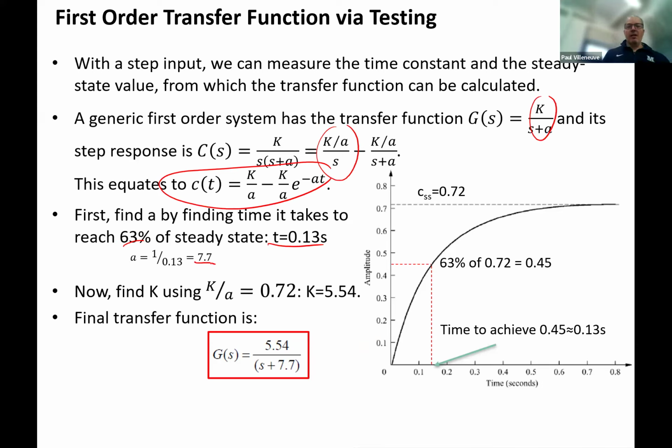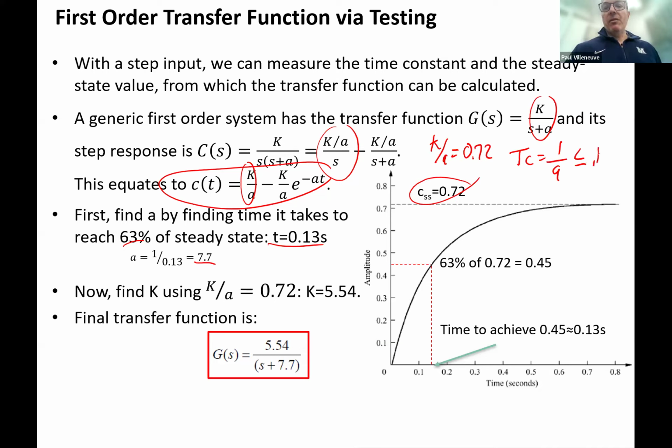We also want our steady state value to be 0.72. So when we go back to the time domain, we know that K over A needs to equal 0.72. And then we can use our time constant, and that has to be less than or equal to 0.13 seconds. So you can solve for A with this equation, and then you can solve for K with that equation.